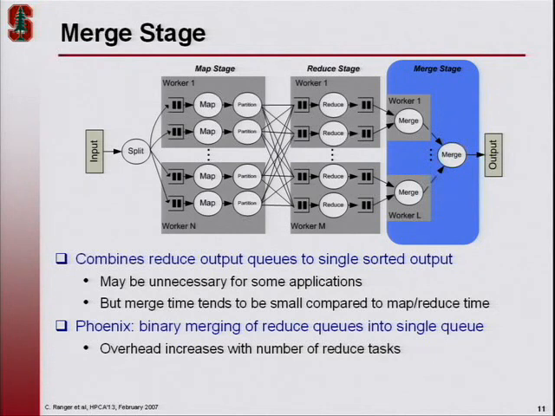Now, suppose that your mapper and reducer are trivial. Then would merging appear as a significant overhead? Yeah, it could be more significant in that case, but it depends on what exactly the application is.